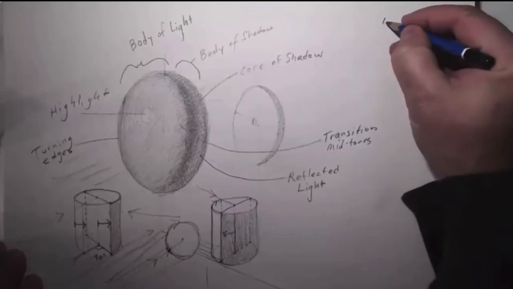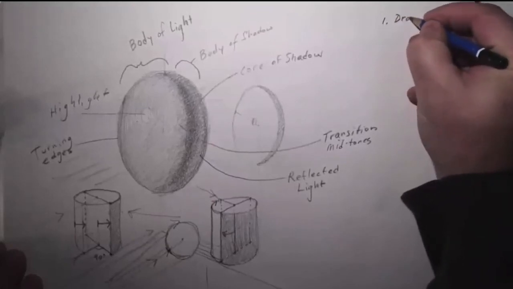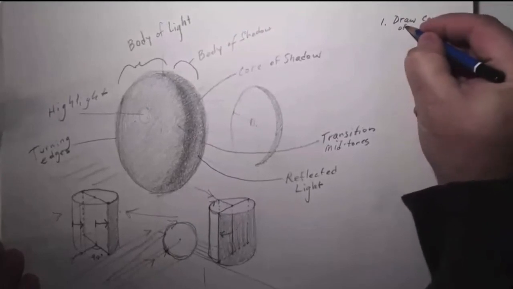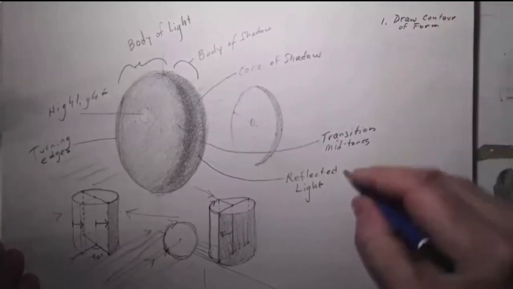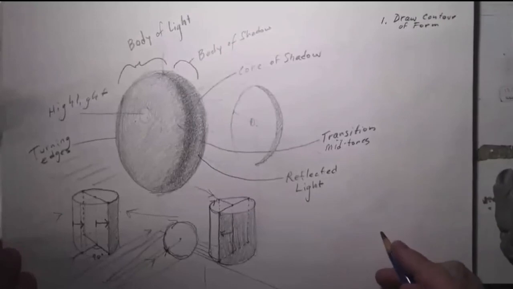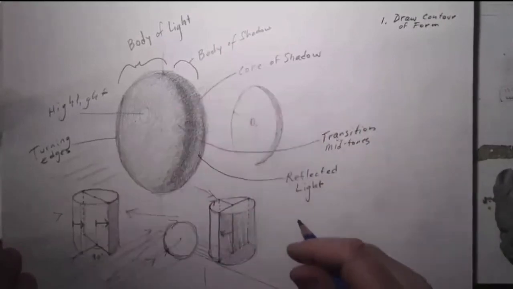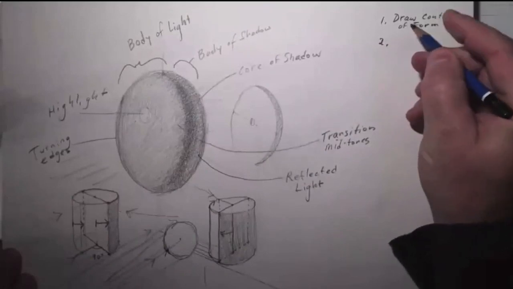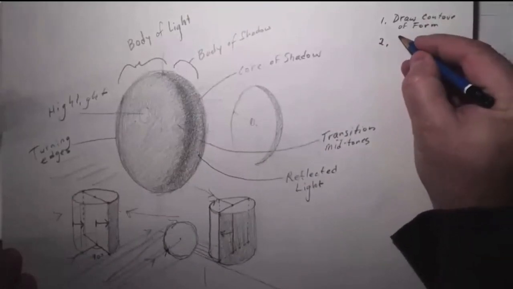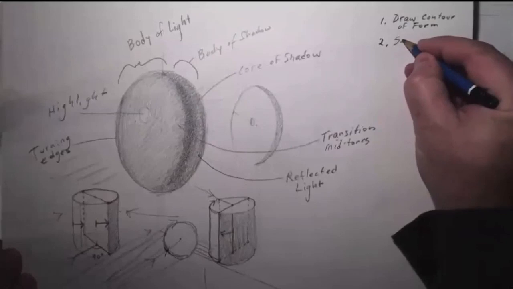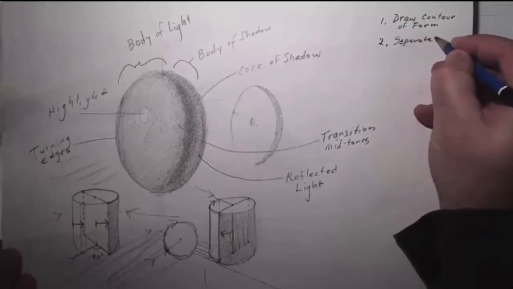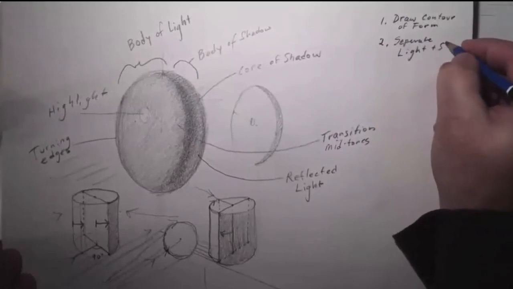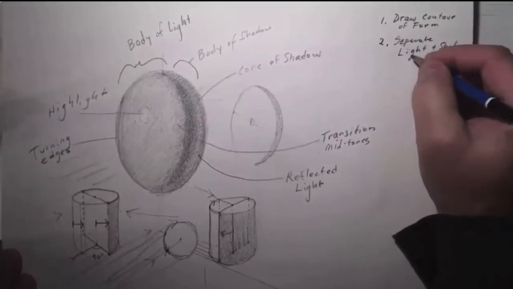So number one, always draw your contour of your form. And that's the first step of anything. So we drew the oval shape of the ovoid. Second, we want to always delineate or separate light and shadow with a line.